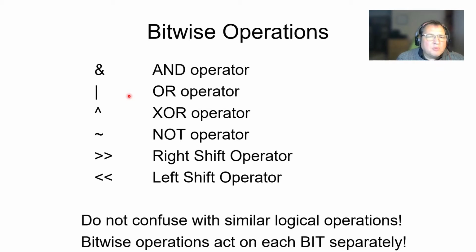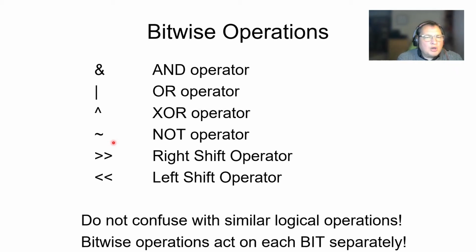There is another operator, XOR, which does not appear in Boolean logic, and the NOT operator, which appears in Boolean logic, but at least the symbol here is definitely different. Just as a reminder, the NOT operator in Boolean logic is an exclamation mark.